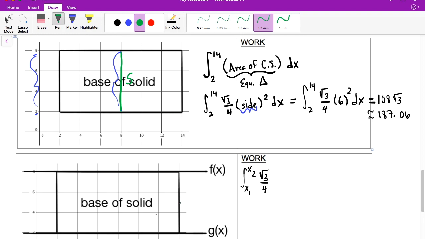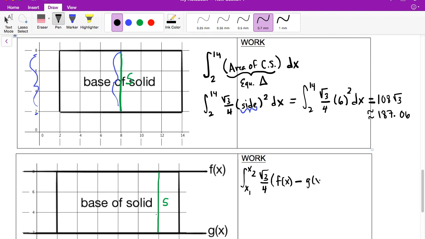It's going to be root 3 over 4. And the side length expression here would be, so the top part of this base is going to be given by the function f, and the bottom part of this base is going to be given by function g. Just like this one, the side length of the triangular cross section will be given by the distance between f and g, so that's going to be s.